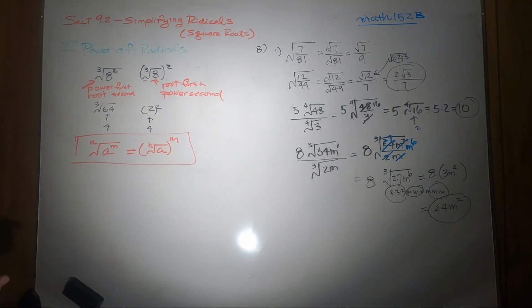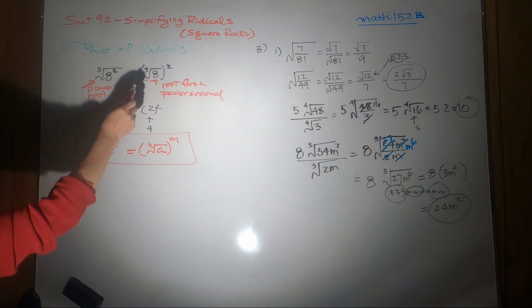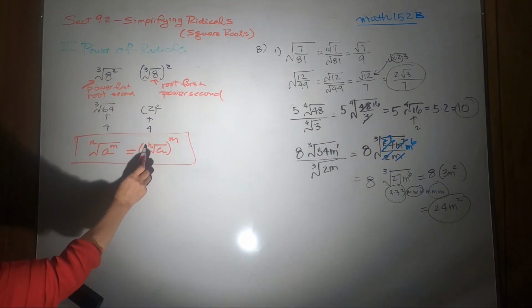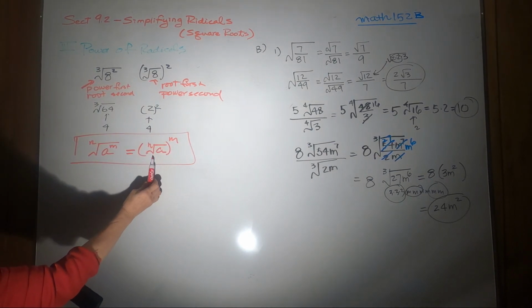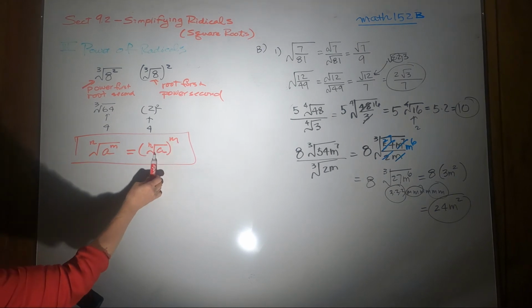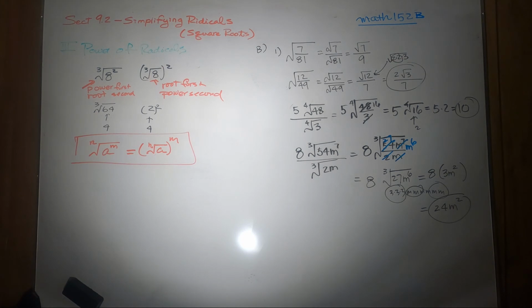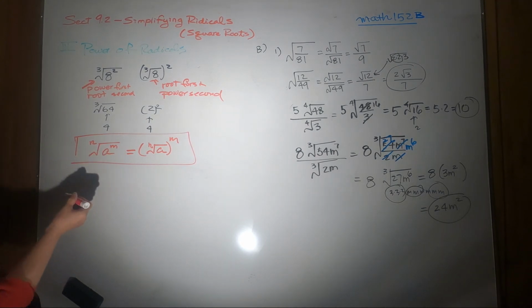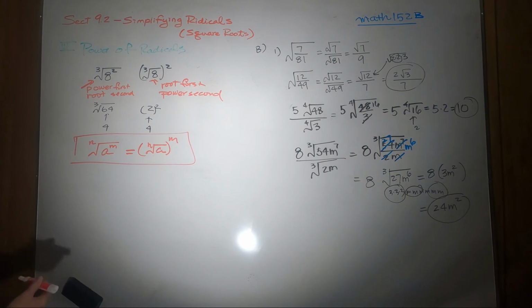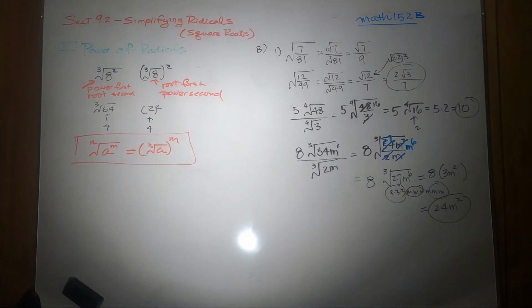When you take a power of the radicals, this is a radical, right? You take a power for it, it's the same thing. You can take the power first, then you take a root. Okay?